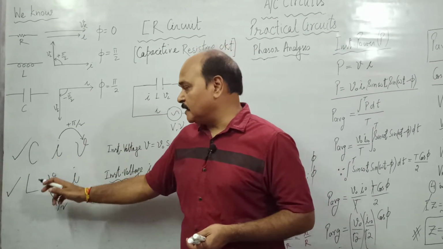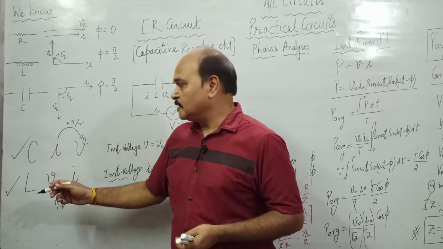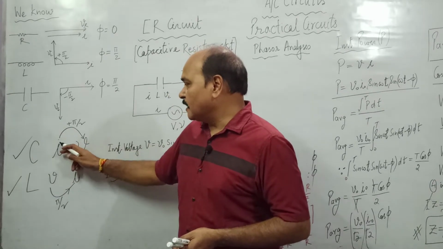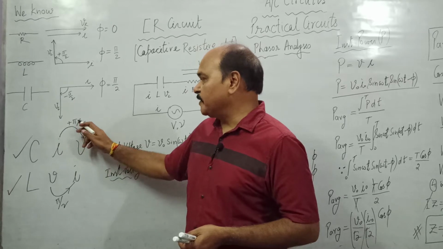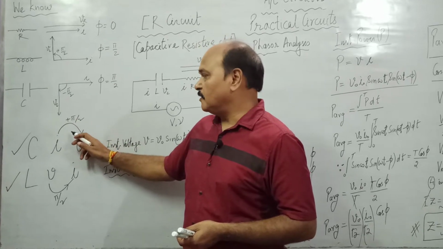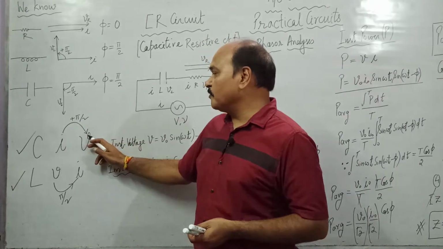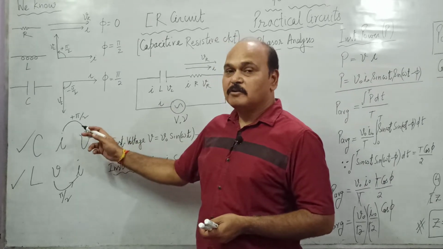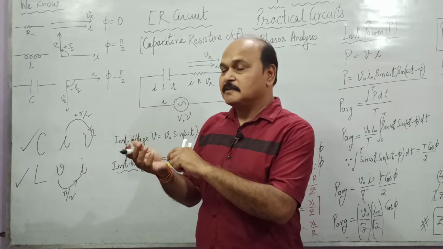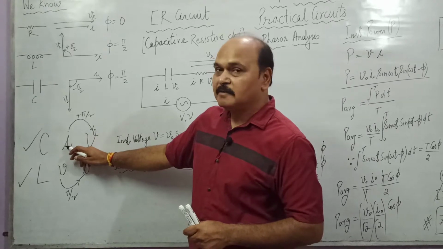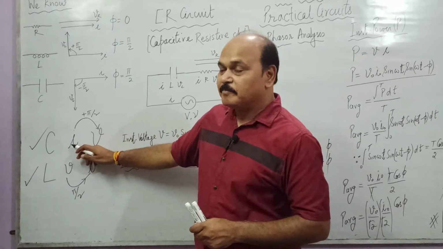Now from this notation we are going to extract the phasor relationship between current and voltage across a capacitor and an inductor. Across a capacitor, current leads over voltage by phase pi by 2, or we can transform this as voltage lags behind current by phase pi by 2.